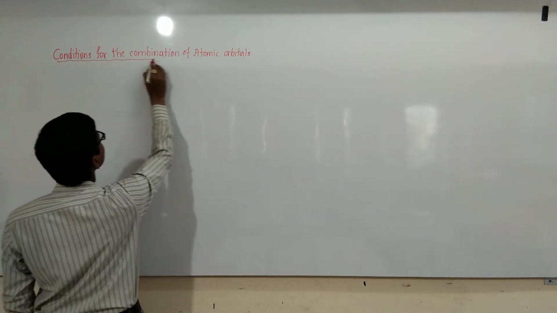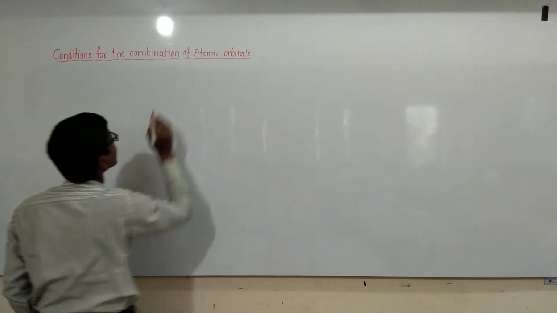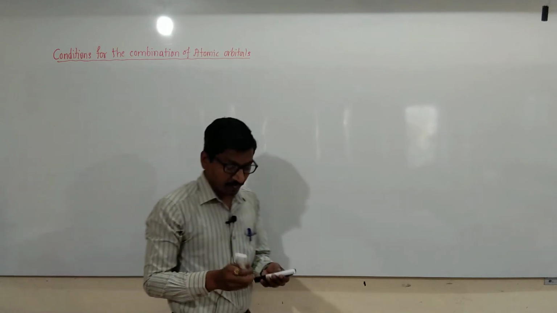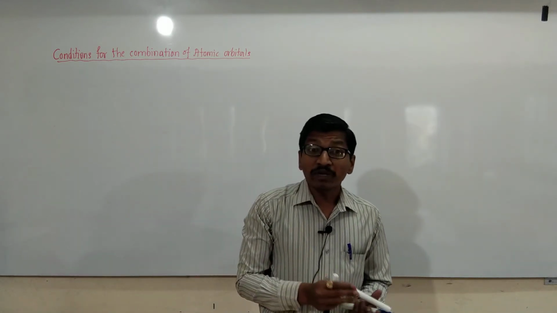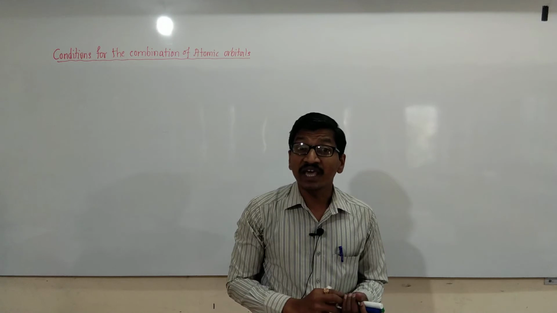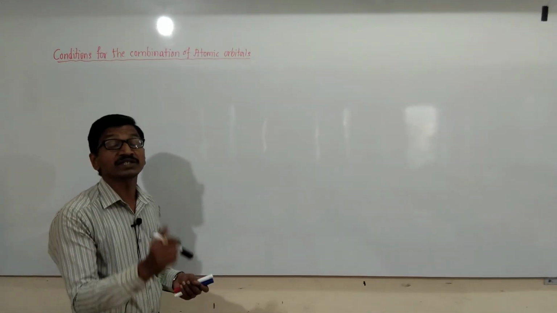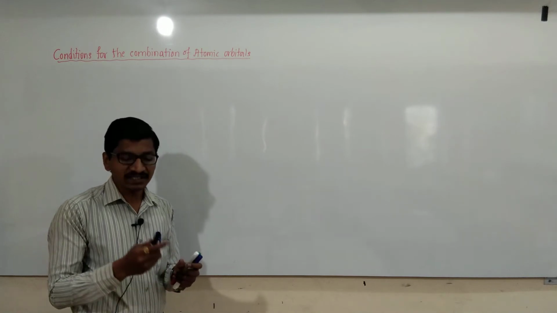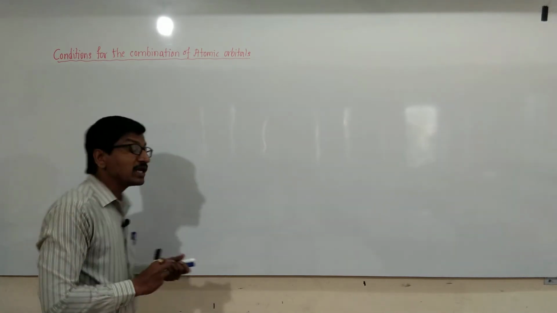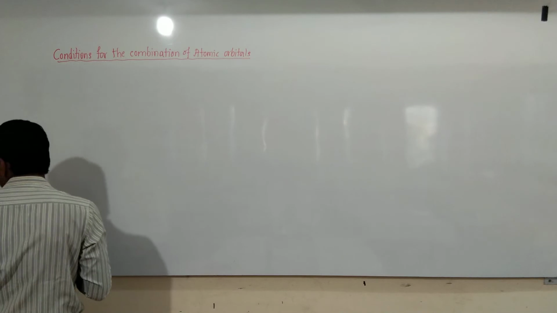What are the conditions for the combination of atomic orbitals? The combining atomic orbitals must have the same or nearly the same energy. The energy of the combining atomic orbitals must be the same.